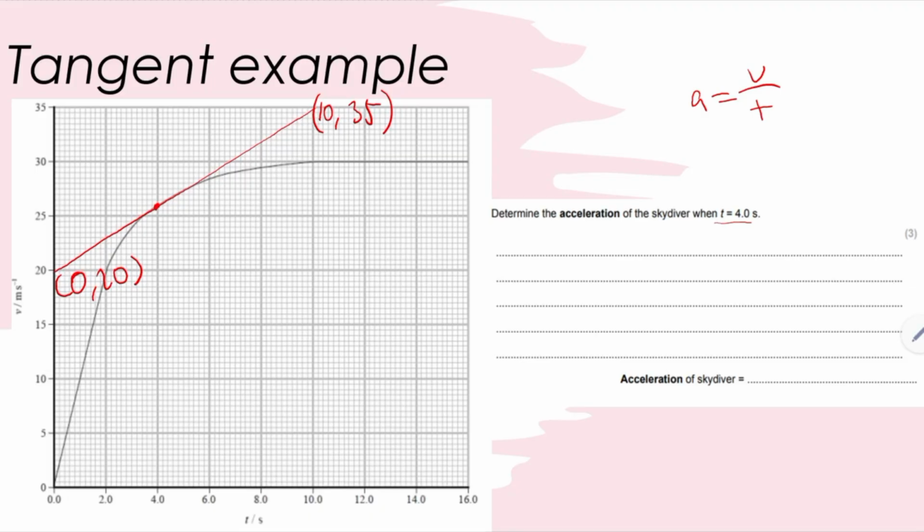So we do 35 minus 20, and we do all of that over 10 minus 0. So when we do that, we will get 1.5 meters per second squared, as that is the unit for acceleration, and that's the answer. Remember not to forget the units.